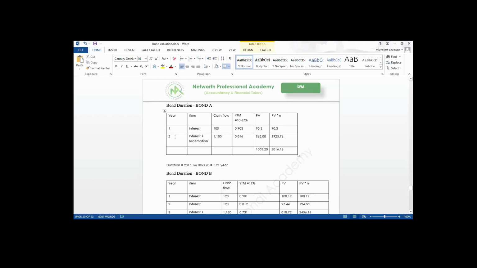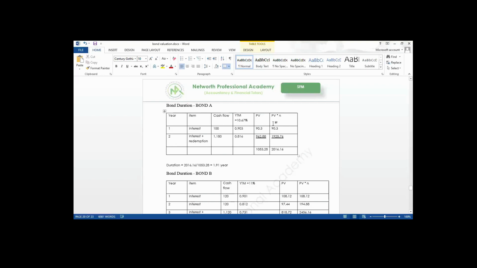Year 2, 2 multiplied by the corresponding present value, 962.88. That gives 1,925.76.